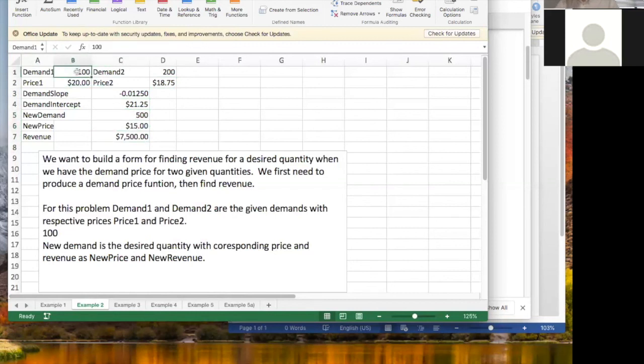And if instead of doing the formula that I did, D2 minus B2 divided by D1 minus B1, I do it by clicking on the cells, I'm going to say P2 minus P1 divided by parentheses D2 minus D1.